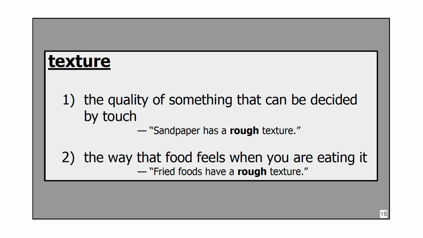Our second definition of texture is this. Texture is the way that food feels when you are eating it. An example of this definition used in a sentence is, fried foods have a rough texture.